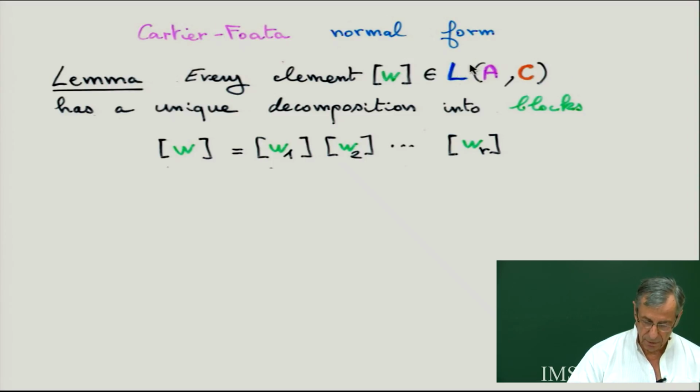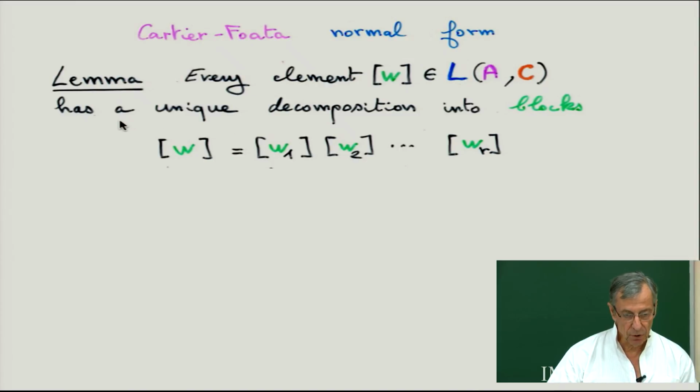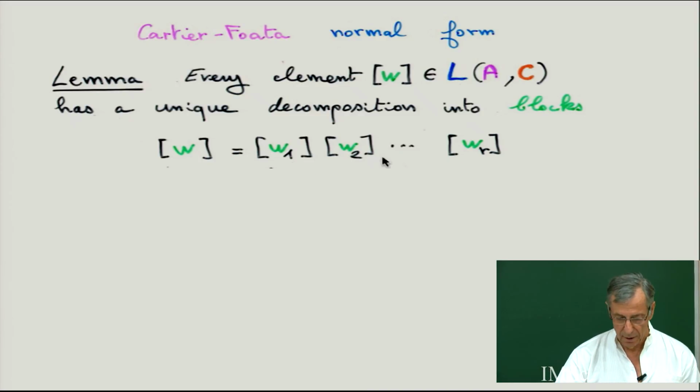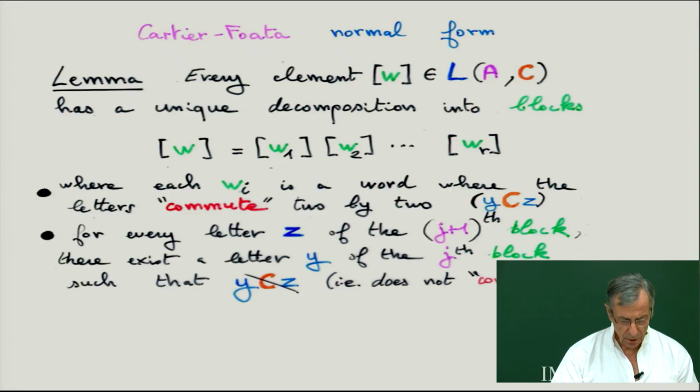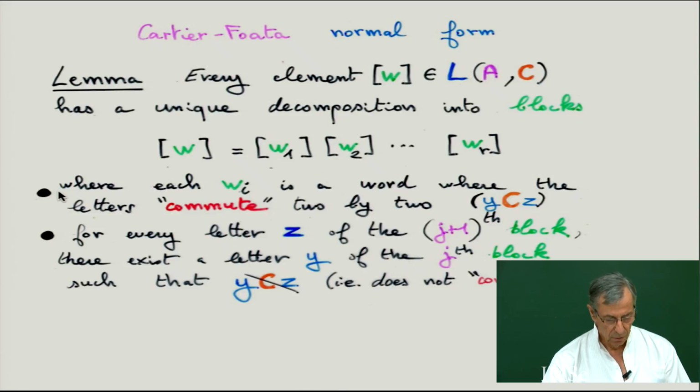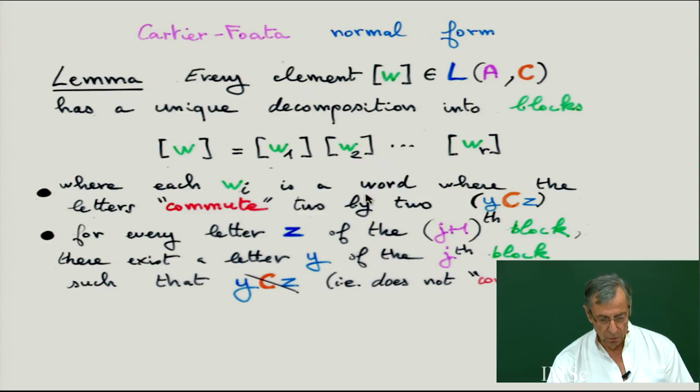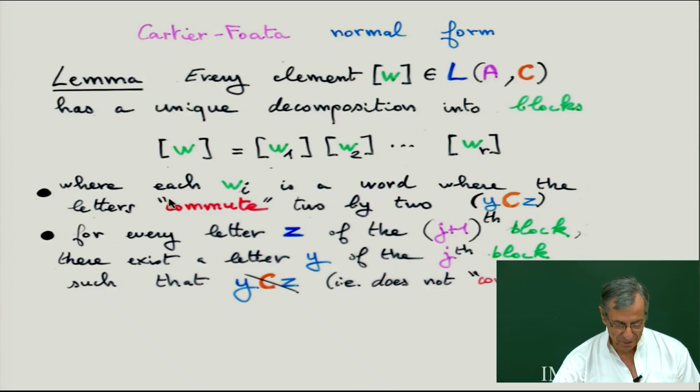So any element of the commutation monoid has a unique decomposition in terms of blocks W1, W2, etc., WR. This is a product of equivalence classes, satisfying the following conditions. First condition: each Wi is a word where all the letters commute two by two. I put in brackets, commute.